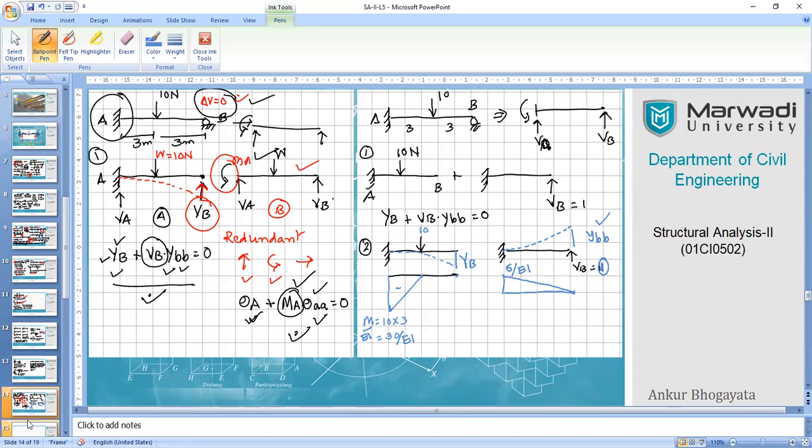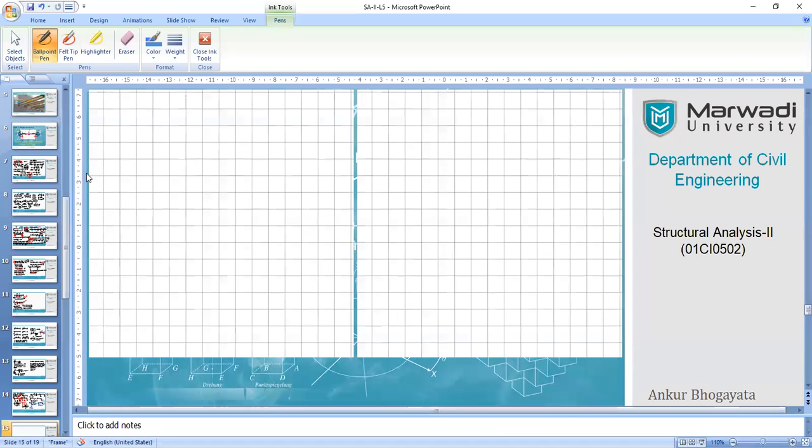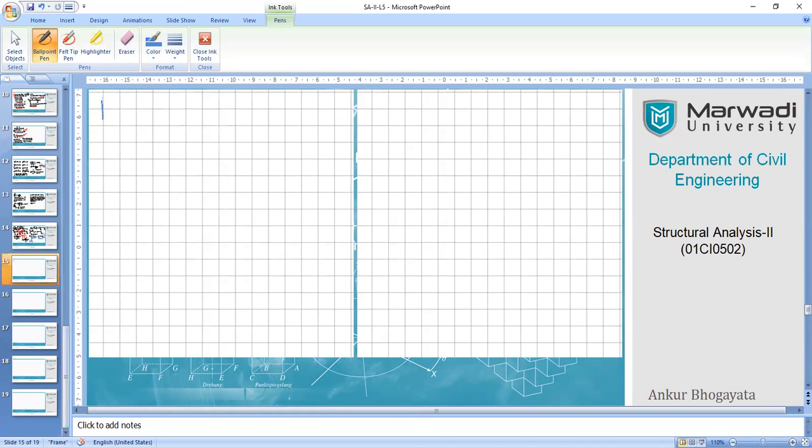So I'll be changing the slide and we'll come back to the new slide and solve it effectively. Nevertheless, let's draw this again. I know it will take a little time for you to recall these methods.